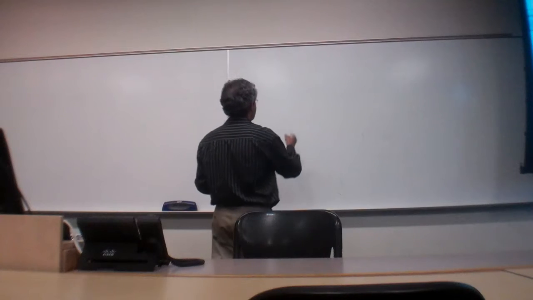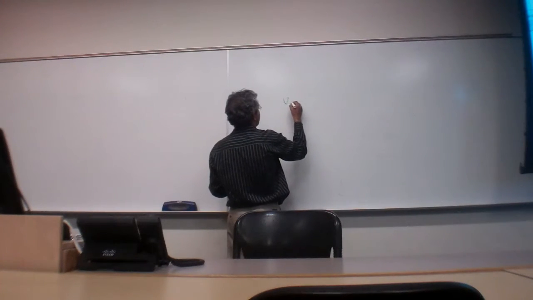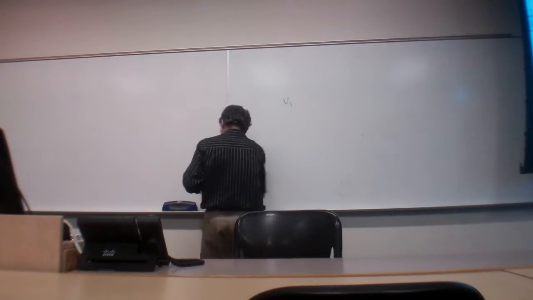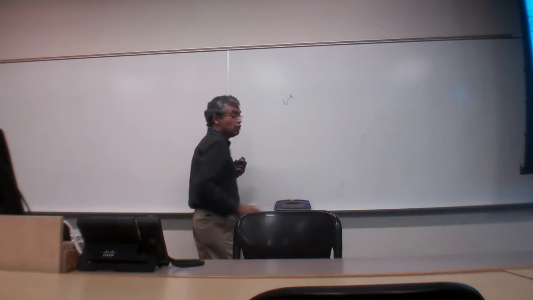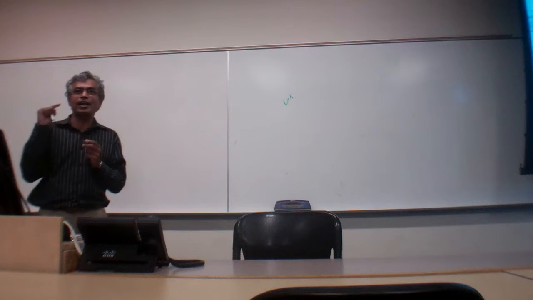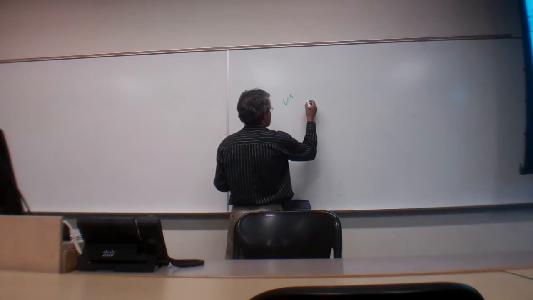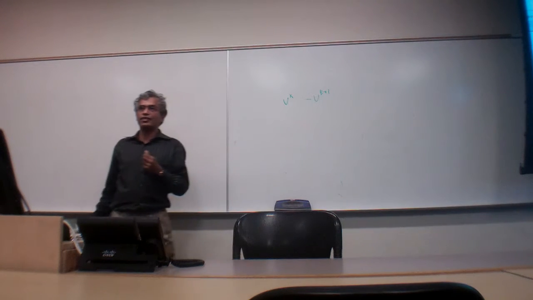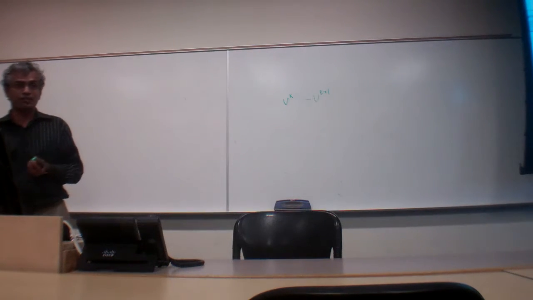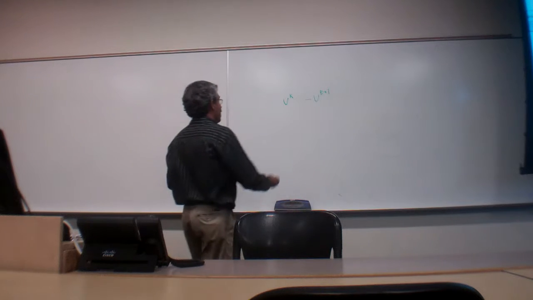So I have a Vk, which is the value function at the kth iteration of my algorithm, and Vk plus 1, the value function at the k plus 1 iteration.